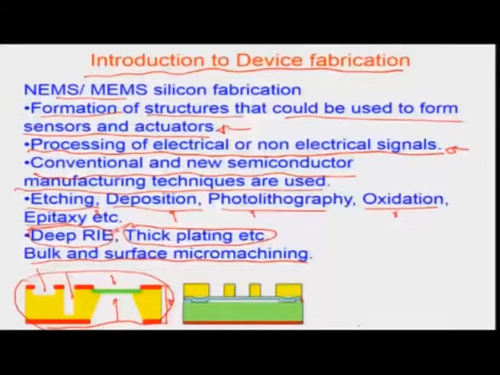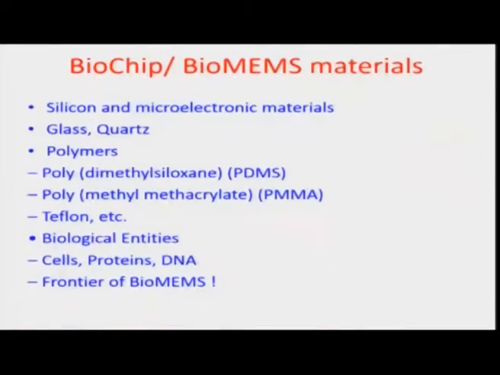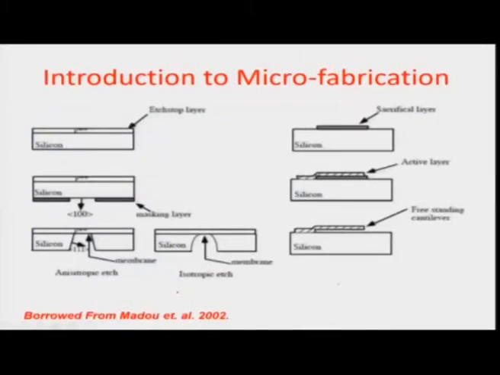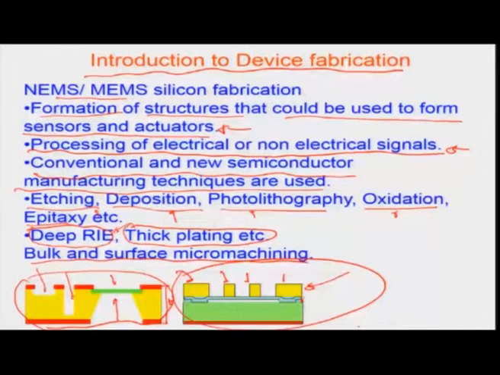Similarly, on the other hand, if we develop features and structures on the surface by adding material rather than subtractively taking it away, for example, if we look at this particular cartoon here on the right side, we are talking about films which are being developed on the surface through multiple techniques like deposition, etc. This, for example, is a P double plus film.